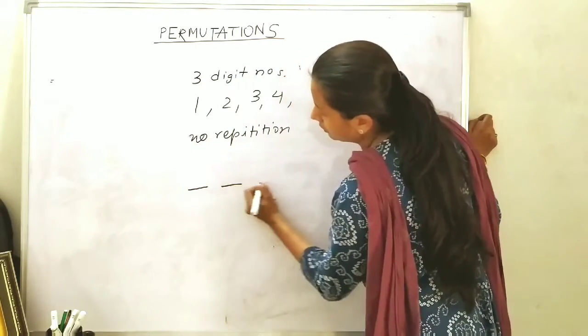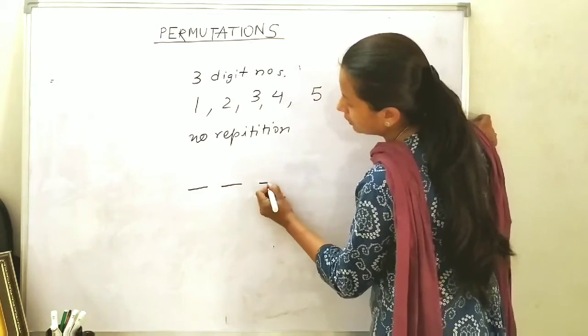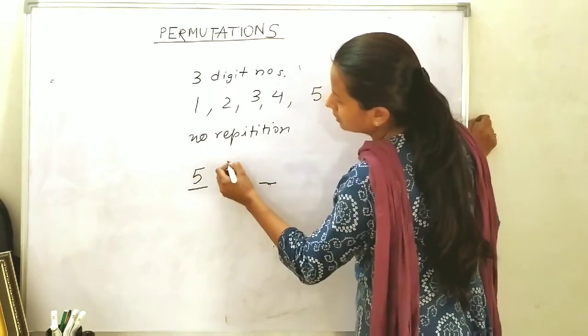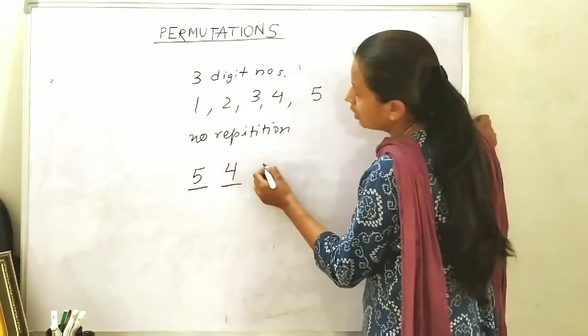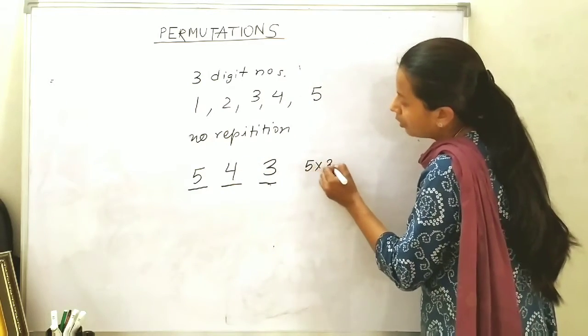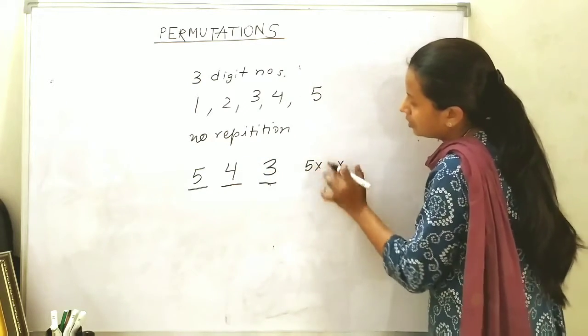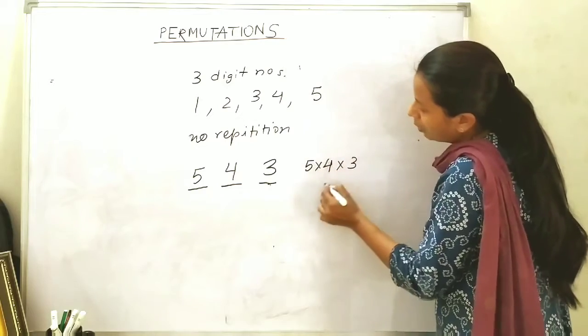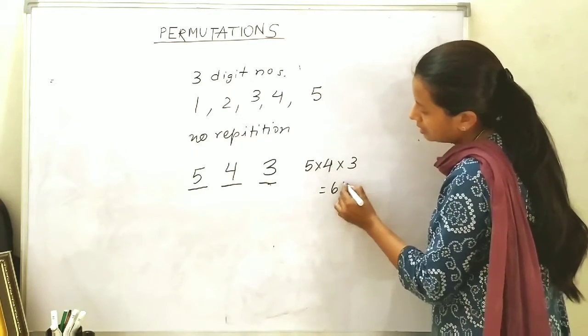We have 3 places. For the first place we have 5 options, for the second place we have 4 options, and for the third we have 3 options. So the number of 3-digit numbers we can form is 60.